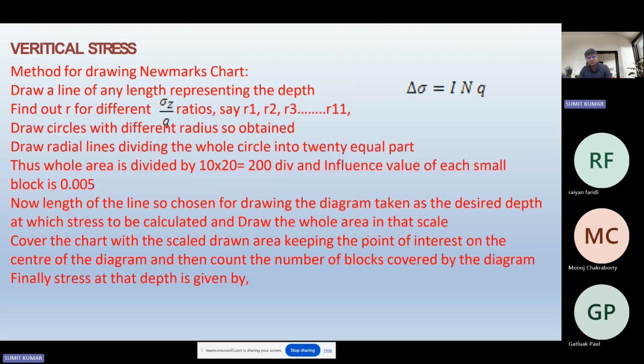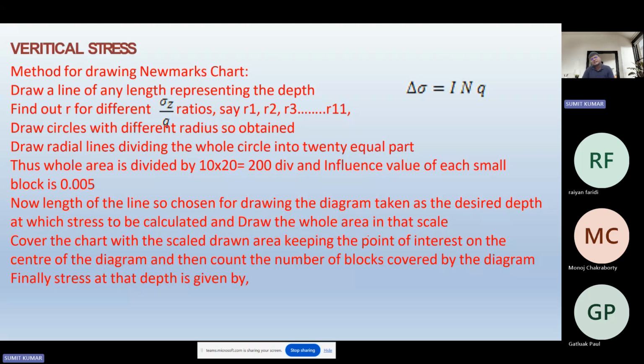Now see the steps which we follow in calculating the development of stress using the numeric chart method. In this method, first of all, draw a line of any length representing the depth. Find out the R for different sigma z upon q ratios, say R1, R2, R3, up to R11, whatever we think.